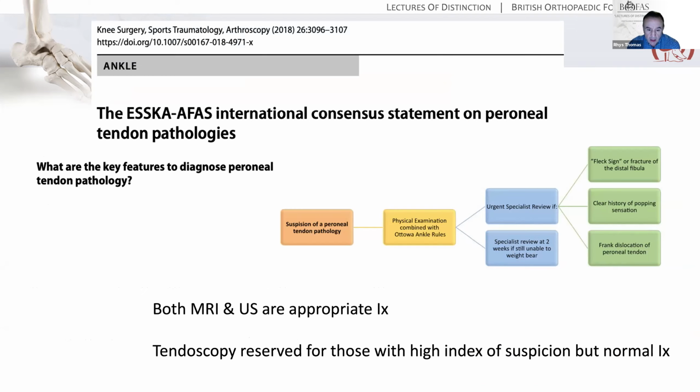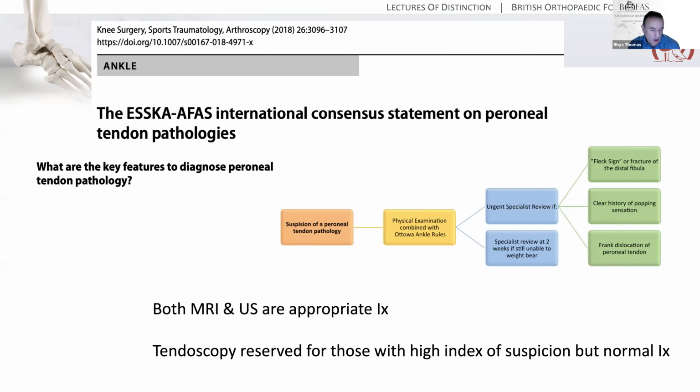In an acute episode where there's a suspicion of peroneal tendon pathology, clinical physical examination combined with Ottawa ankle rules if appropriate, a specialist review at 2 weeks if unable to weight bear from a traumatic event, and only an urgent specialist review if there's a fleck sign seen, or a clear history of a popping sensation or frank dislocation, which can be picked up on clinical examination.